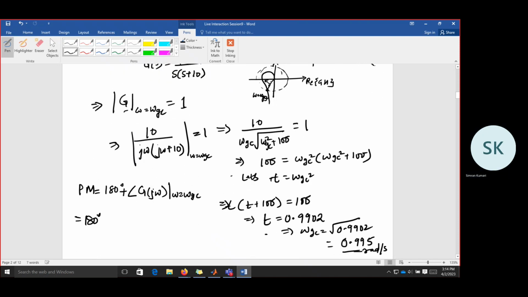This will be minus 90 degree due to one pole at 0, and minus tan inverse omega GC by 10.